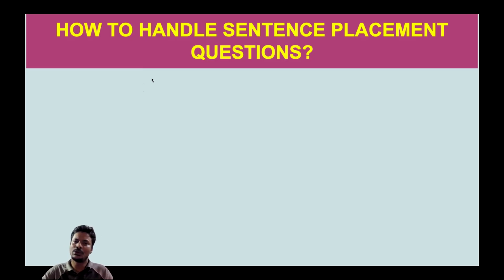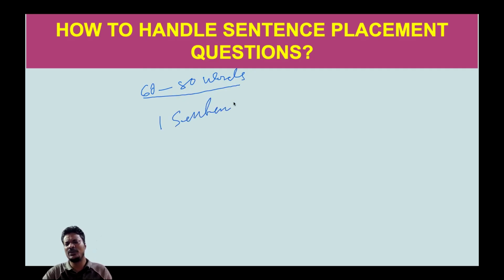Such a paragraph may be 60 to 80 words, and one sentence is provided, which could be 10 to 15 words. It depends; you may find a very short sentence or a very lengthy one.